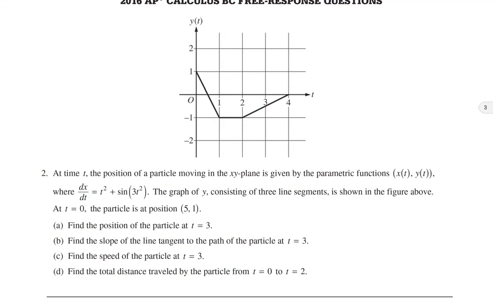where we want to find the total distance traveled by the particle from 0 to 2, right? Isn't that going to be the integral from t1 to t2 of the square root of x prime of t squared plus y prime of t squared dt? Let's think about this.